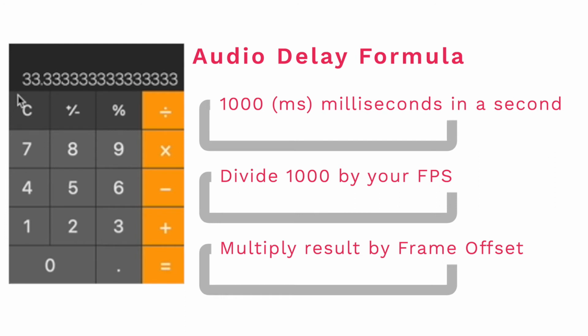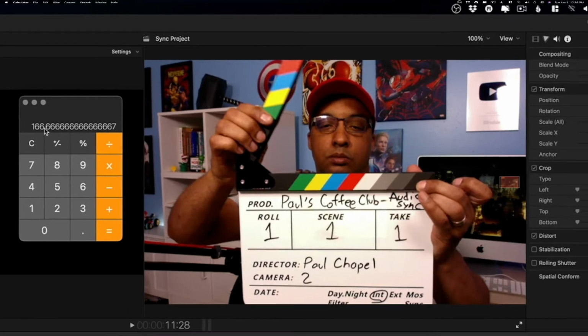Okay, you're going to take this number and multiply it by the number of frames we just counted. So 5 frames times this number. And this will give you the milliseconds you need to put in OBS. You can just disregard all the numbers after the decimal. We're going to go with 166.